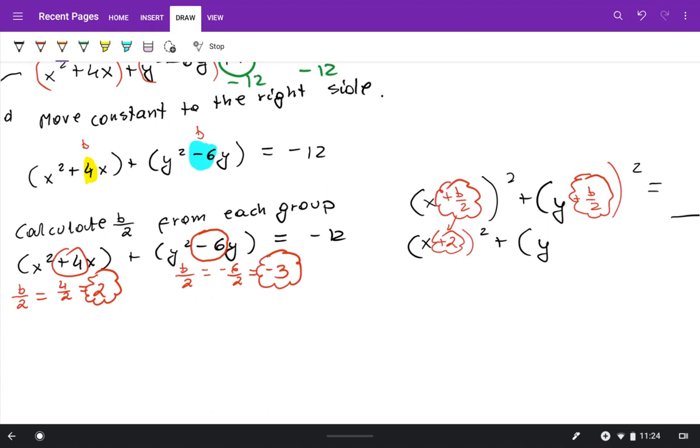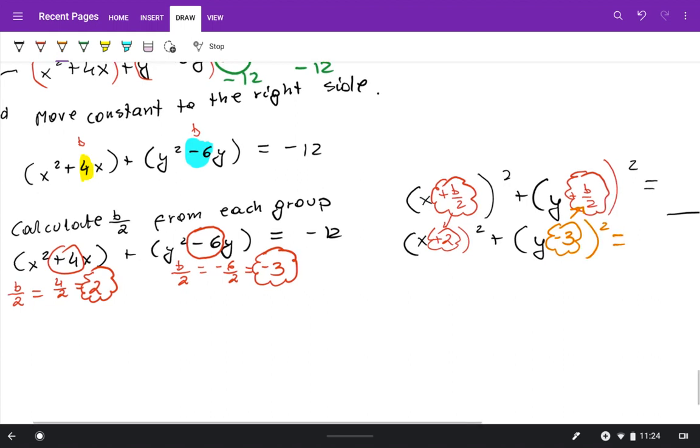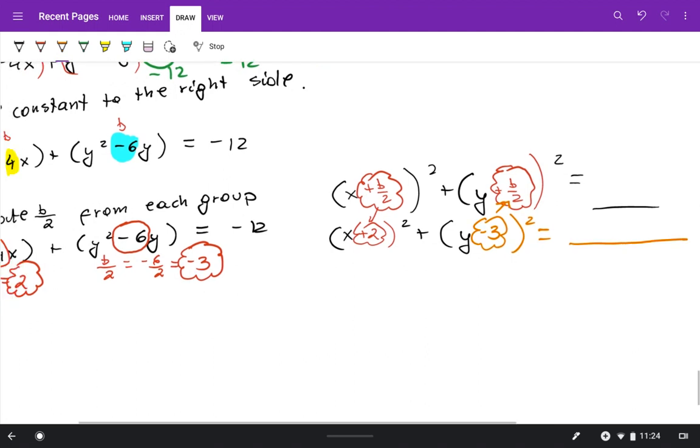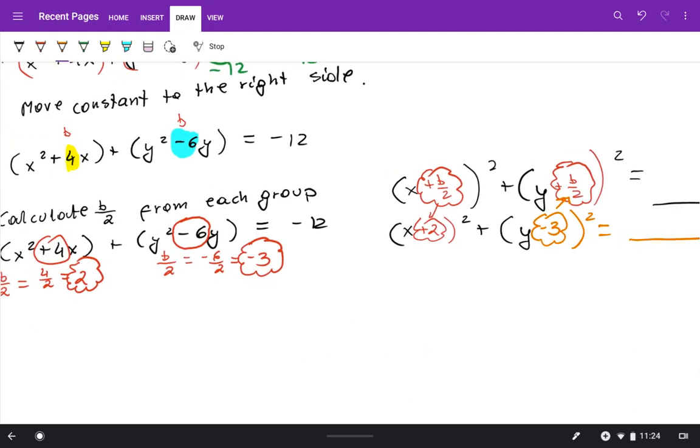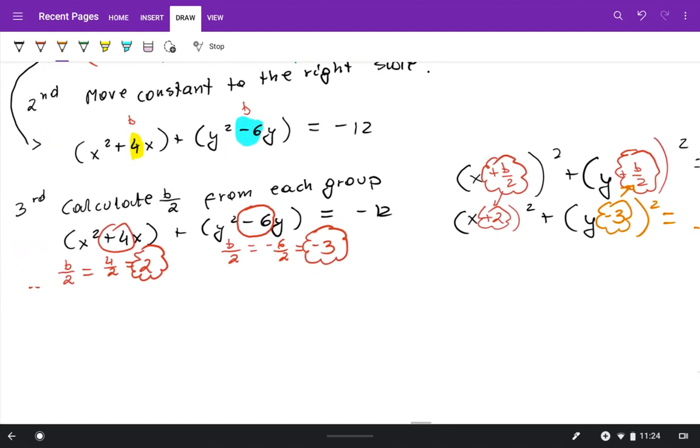So the second b over 2 was negative 3. That's why you have a minus. That's your b over 2 from the second. Square equals something. And we'll build the right side in a second. So this is step 3.